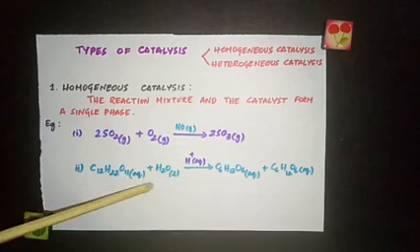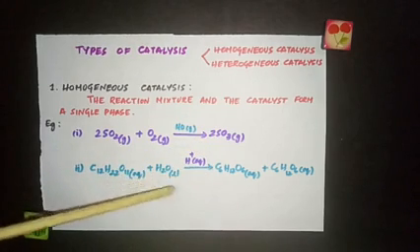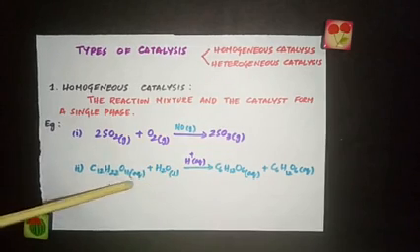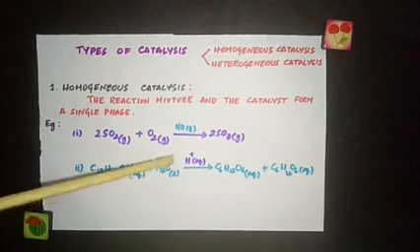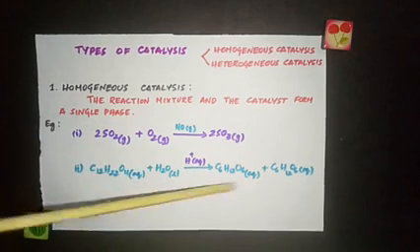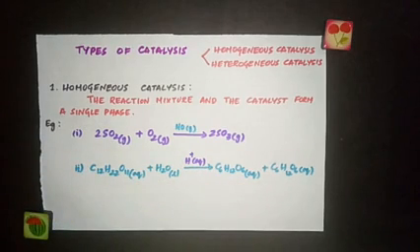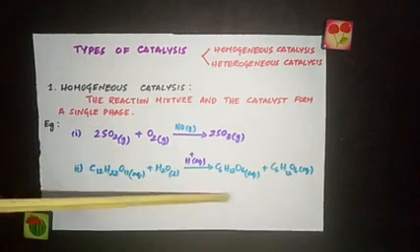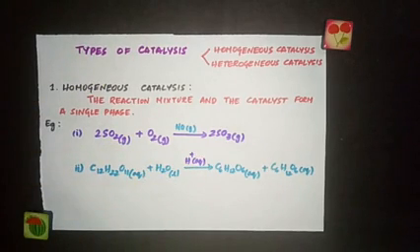See, all the three are in the same phase. When we say aqueous and liquid, we represent the same state. So the reaction mixture and the catalyst are in the single phase. Then we call this catalysis homogeneous catalysis. Usually, chemical reactions taking place in gases or liquid solutions are mostly homogeneous in nature.